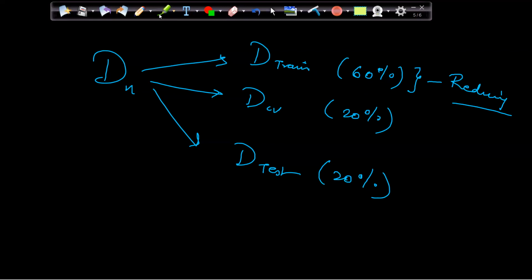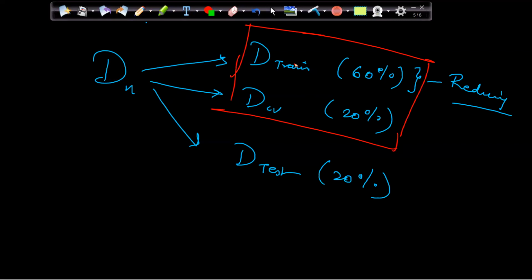So somehow I want to use these two data for training as well as cross validation. That means this 80% of the data I want to somehow use for training as well as for finding the accuracy of the model, right?